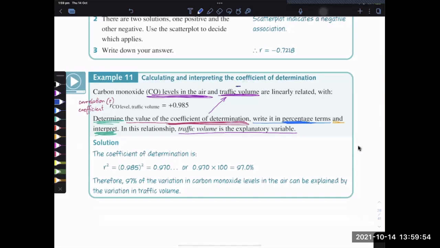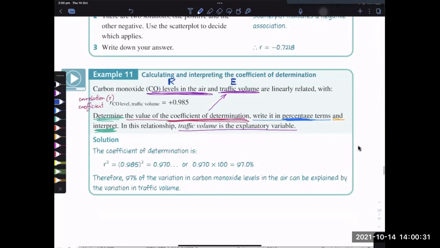I'm just going to label them so it's easier to look at. I should write capital R and capital E, just so that if I write R here, it doesn't get mixed up with the correlation coefficient.